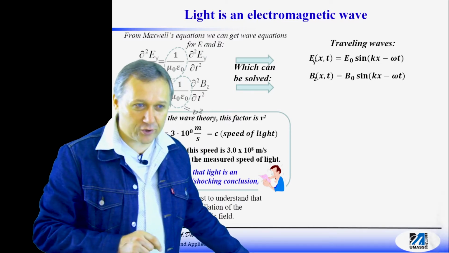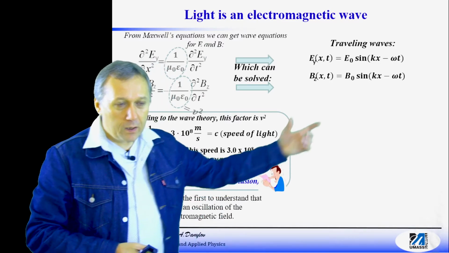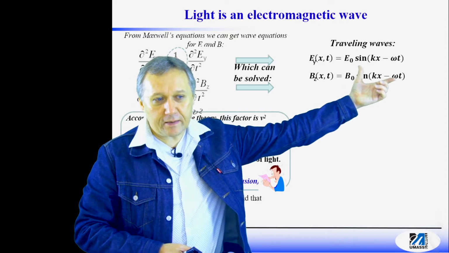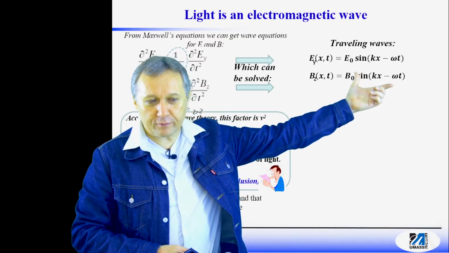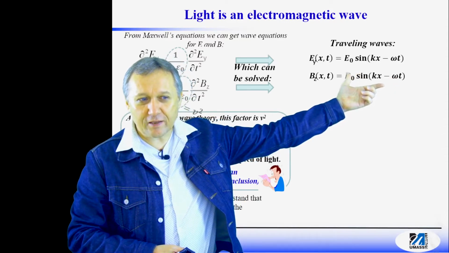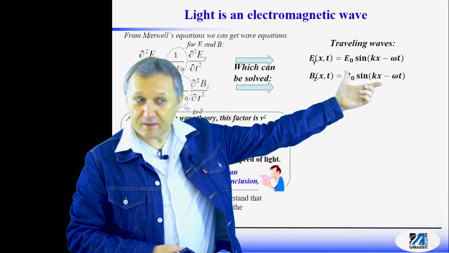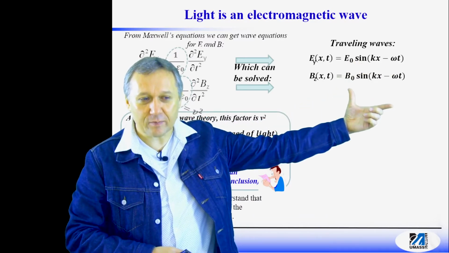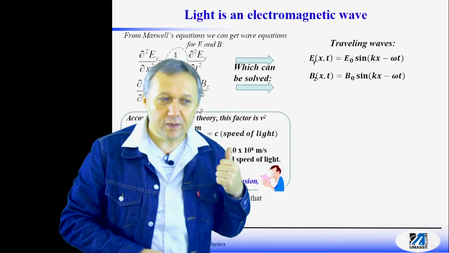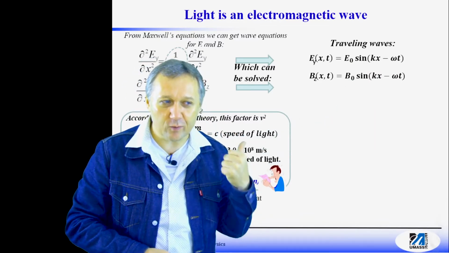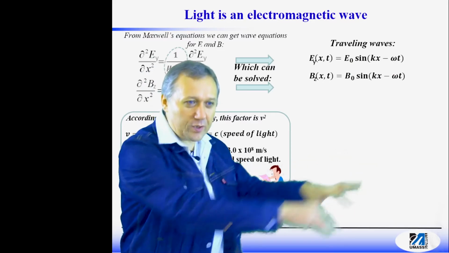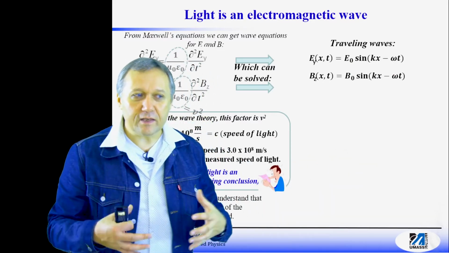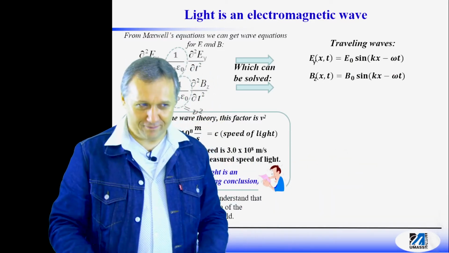And another interesting thing, look guys, look at the x and time dependence of both of these waves. Do you see any differences? They're exactly the same. Sine kx minus omega t, sine kx minus omega t. It means that these two traveling waves propagating together oscillate in unison, basically.